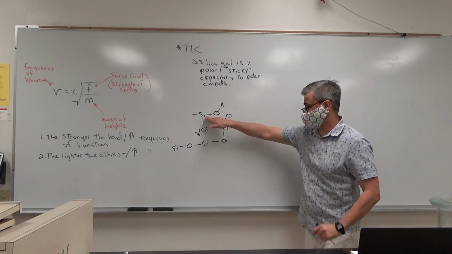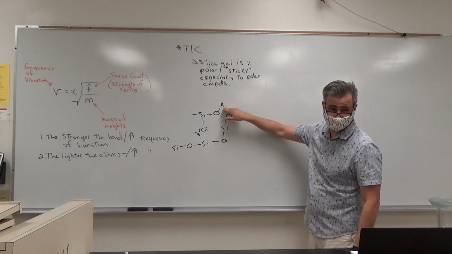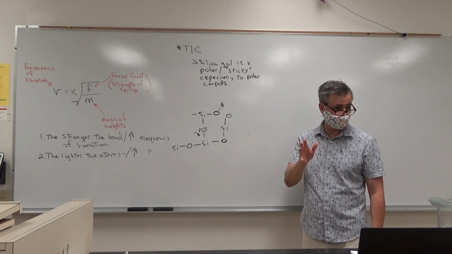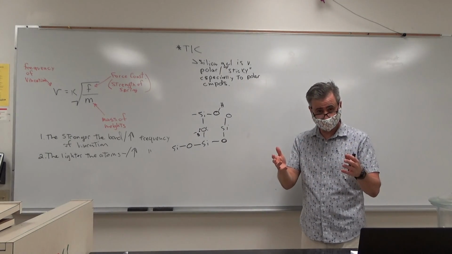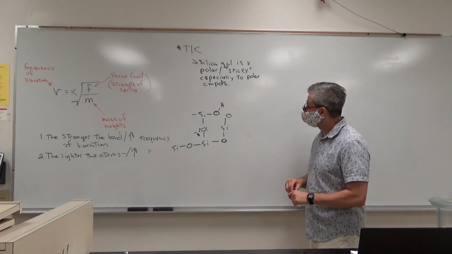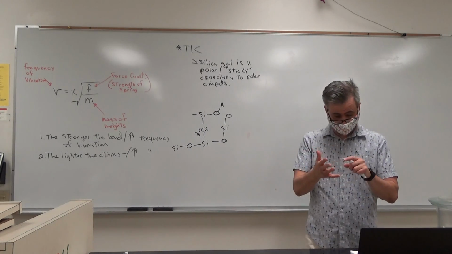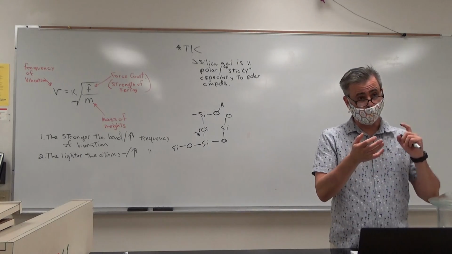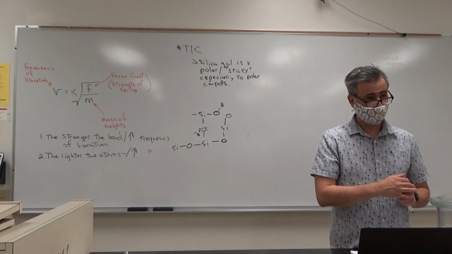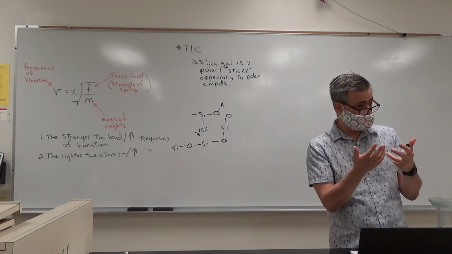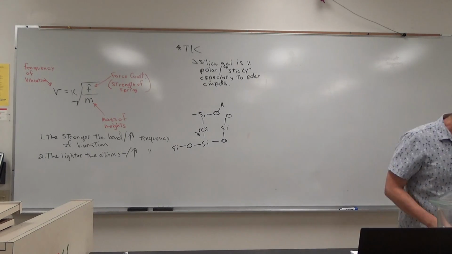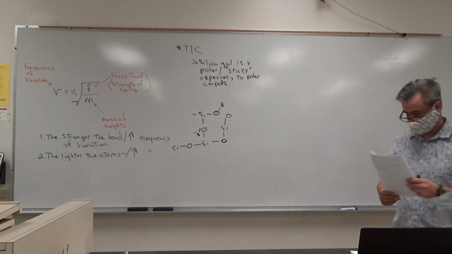But every once in a while, it also has a silicon, oxygen, OH. So silica gel itself can be involved in hydrogen bonding. The most important thing to take from this is that silica gel is sticky. And the more polar your molecule is, the more it sticks to it. If you have a non-polar molecule, then it doesn't stick to it nearly as much. And that's going to be key.